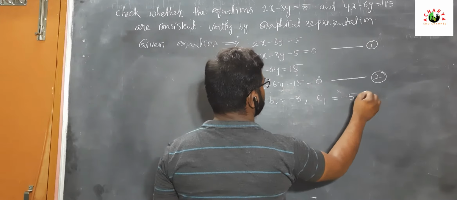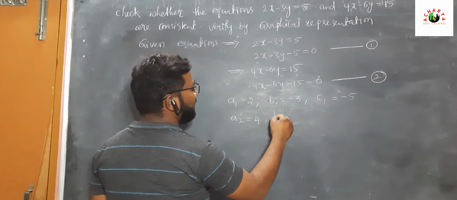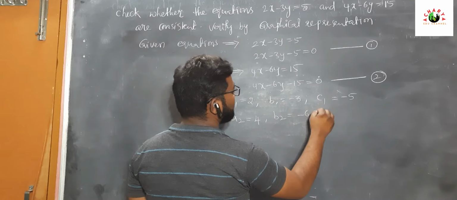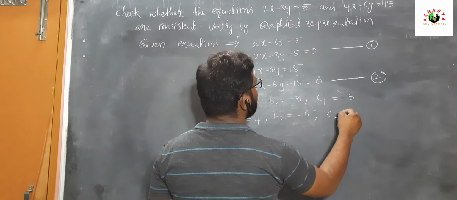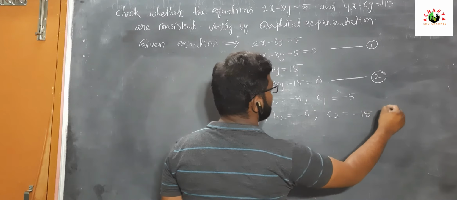Coming to the second equation, a2 is the coefficient of x, that is 4, b2 is the coefficient of y, that is minus 6, and c2 is minus 15.